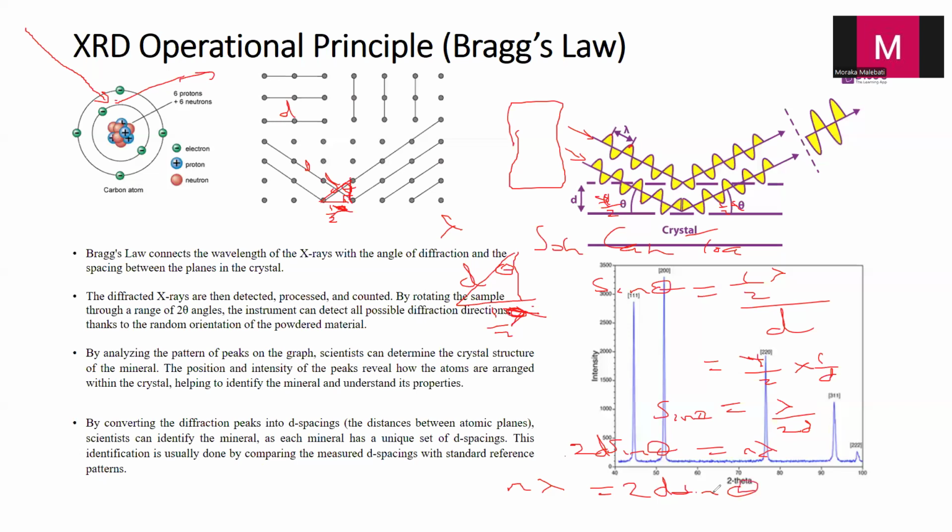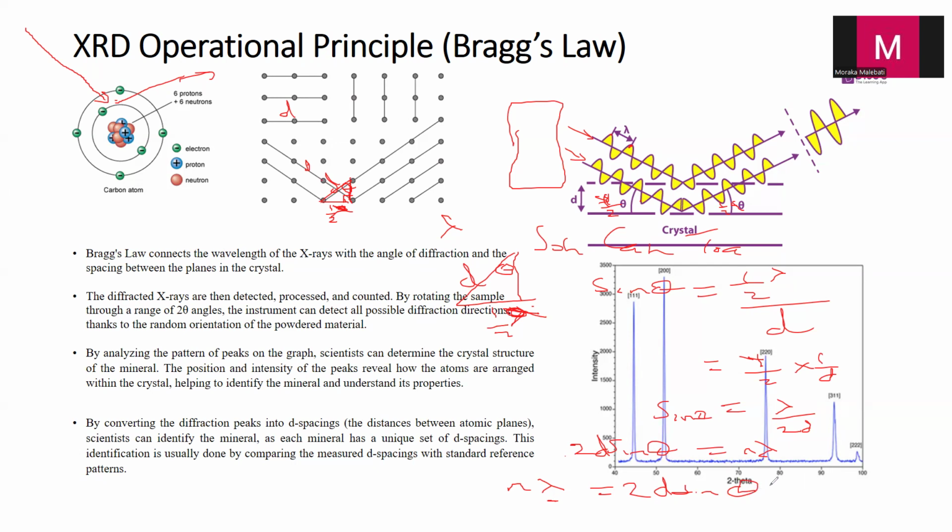Bragg's law connects the wavelength of the X-rays with the angle of diffraction, 2 theta.